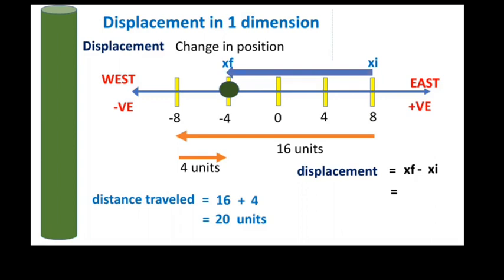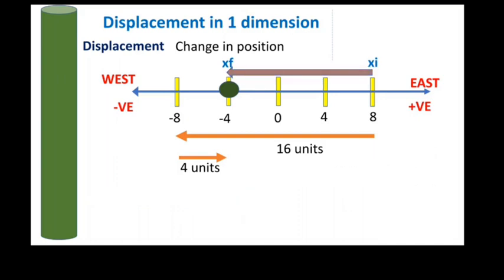So the displacement in this case is -4 minus 8. This gives me -12. We've already explained what the negative or the positive on the final answer means. In this case, negative means we are pointing in the negative direction. We can convert that to 12 meters west. So my displacement is 12 meters west.